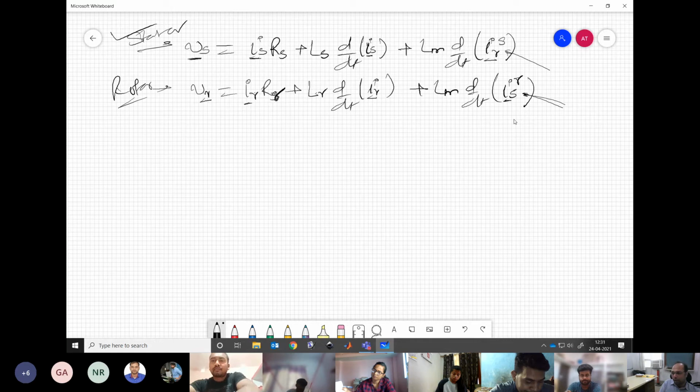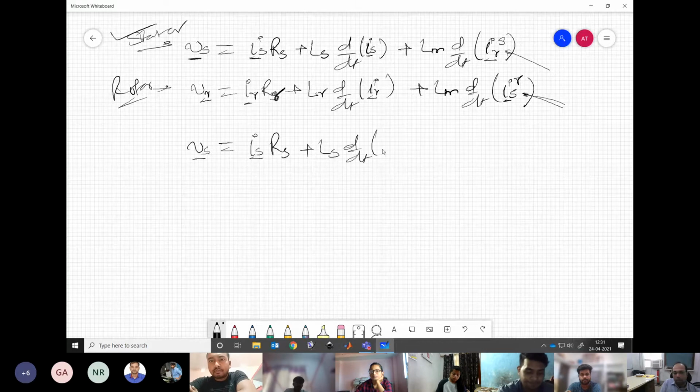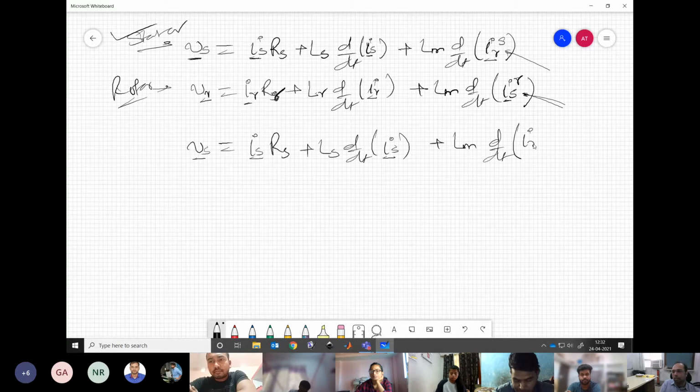Now we can define these quantities which are kind of not known. We are referring to another reference frame. We do not know what this is. So from the previous equations, we can write these quantities. So what this will become? Ir e raised to the power j epsilon.